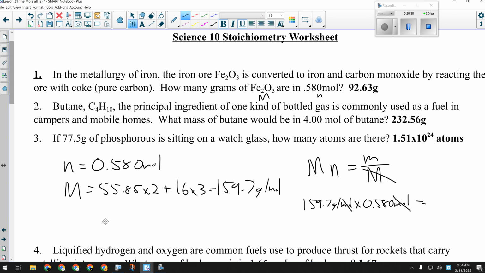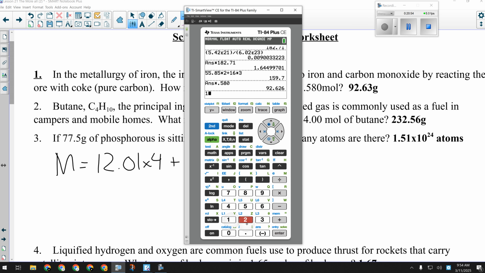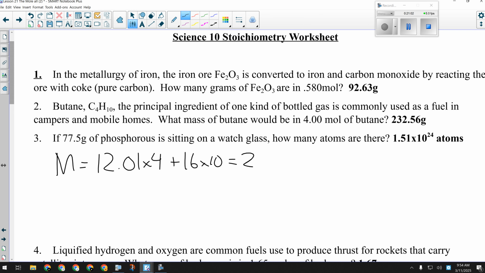So if I want to do that one, big M is going to be 12.01 times 4 plus 16 times 10.